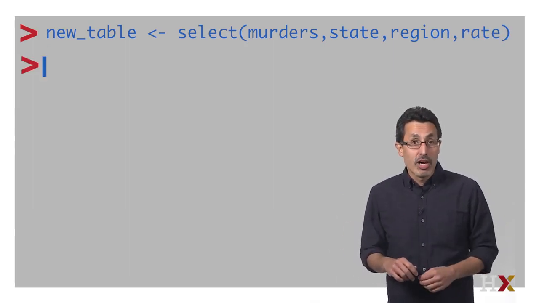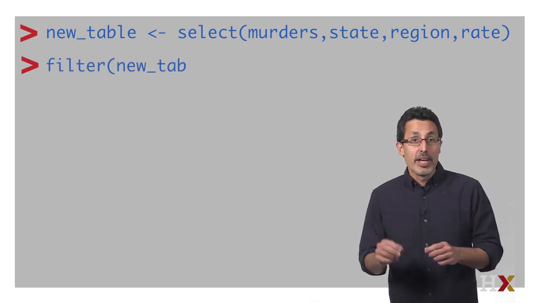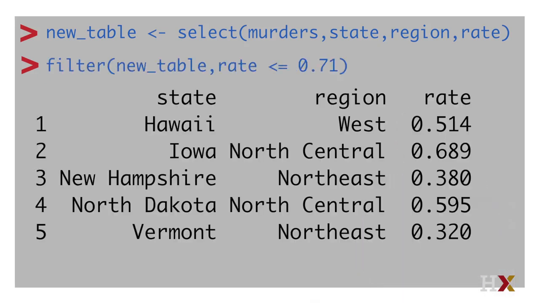Once we define this new object, then we filter it for the states that have a rate of less than 0.71. And you can see the result. It's a smaller table now with just 3 columns, and it's only the 5 states with murder rates smaller than 0.71. Note that in the call to select, the first argument, murders, is an object. It's the data table. But state, region, and rate are variable names from that table.